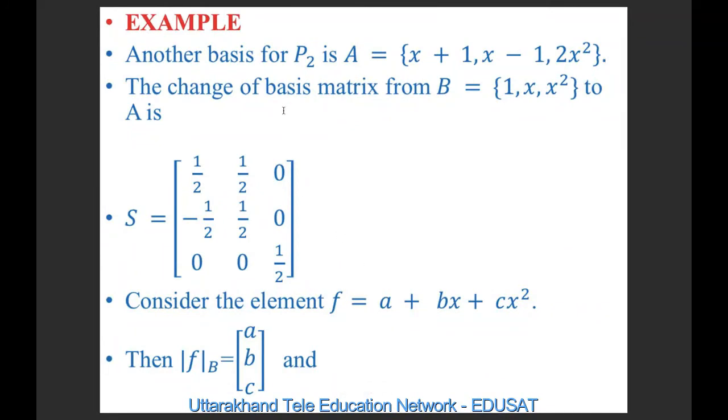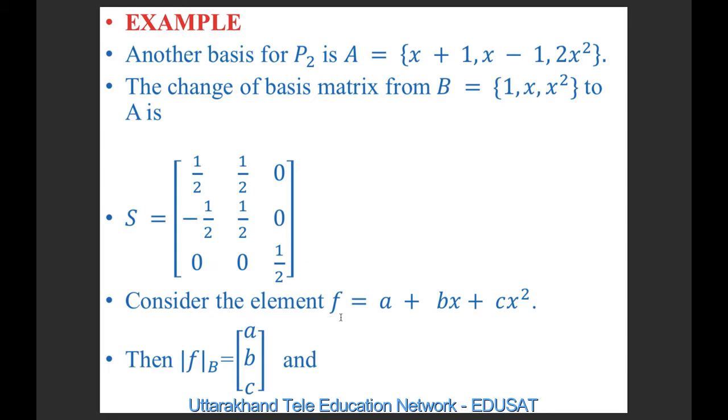For example, another basis for P2 is A equal to x plus 1, x minus 1, 2x square. Earlier, in the last example, we had the basis set 1, x, x square. So here S is equal to the matrix with rows 1 by 2, 1 by 2, 0; minus 1 by 2, 1 by 2, 0; 0, 0, 1 by 2.